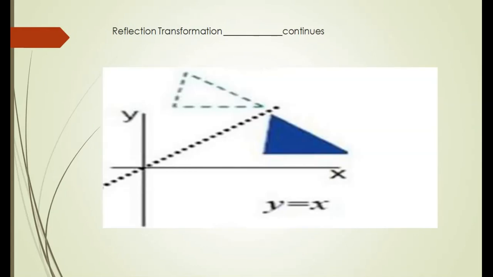So here is the image, that is, this one is our original image and this one is the reflected one, and by using this line, that is y is equal to x, that is the 45-degree line, which passes through the origin, we can reflect our image.